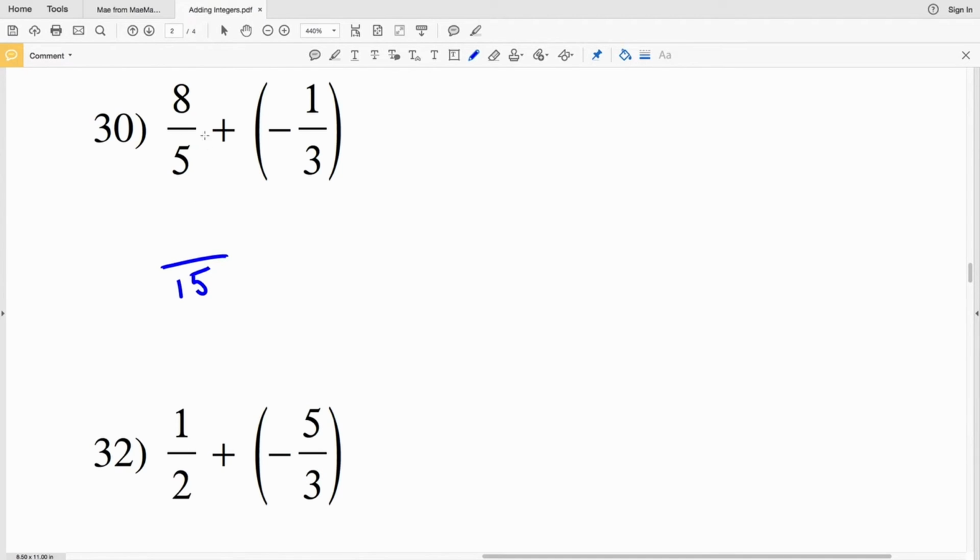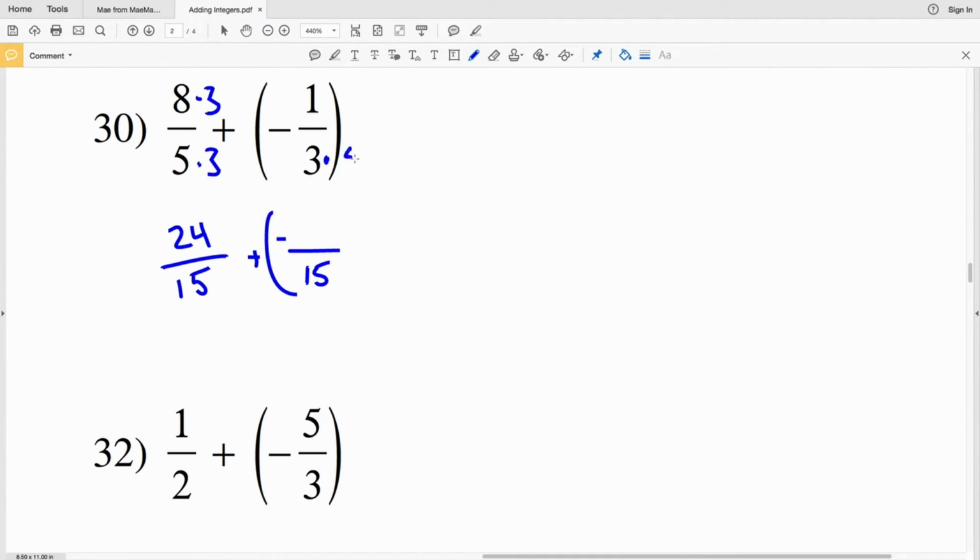For the first, in order to go from 5 to 15, we multiply by 3, so we have to do that to the numerator as well. 8 times 3 is going to be 24. And we're adding this quantity, -1/3, but we put that over 15.